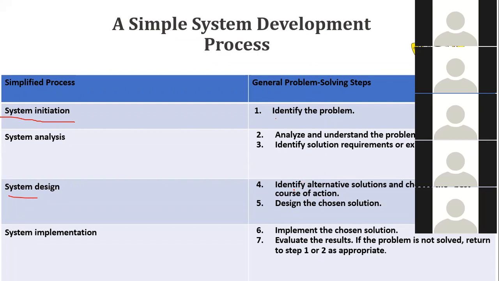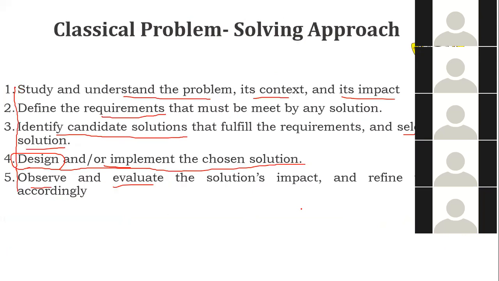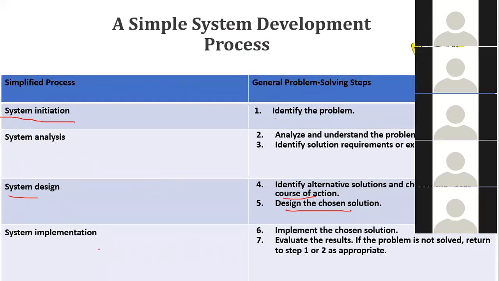Then we have the system design part, when we begin to identify the best possible solution that we can have. Here we can have the logical design, what interface it may have, and so on and so forth. And then we select the particular solution that we want out of the many.